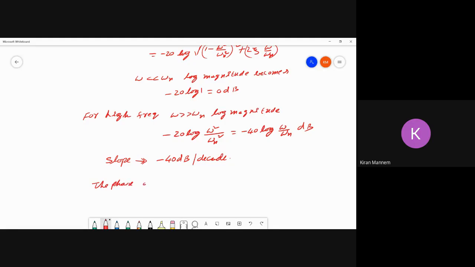The phase angle phi is equal to minus tan inverse of 2 zeta into omega by omega n divided by 1 minus (omega by omega n) whole square.